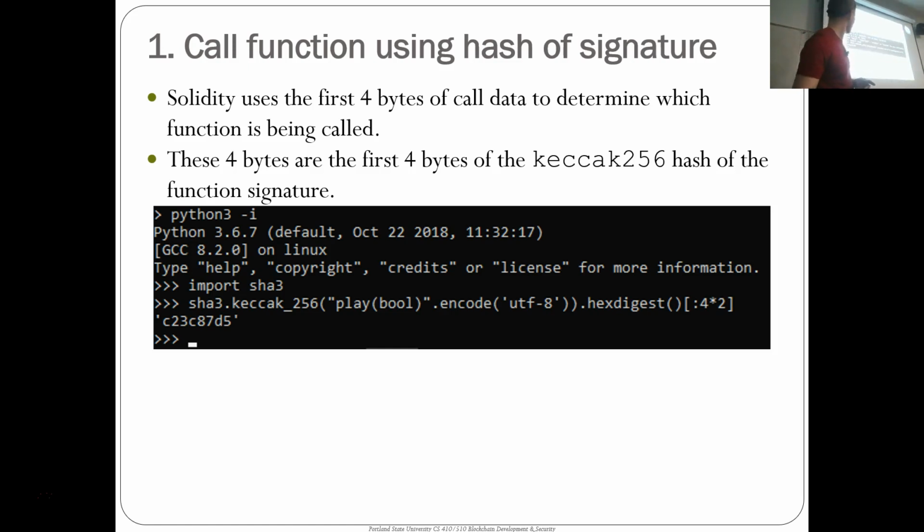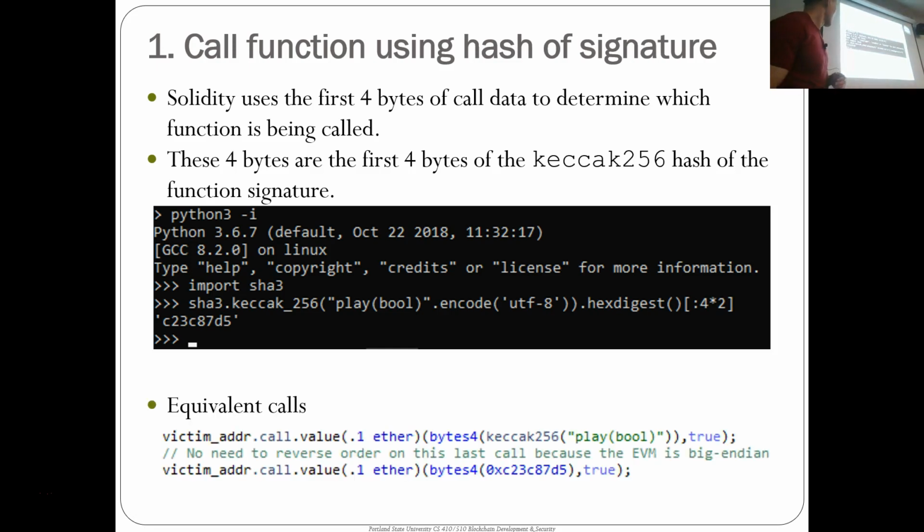So this is an example. If you have this play, which takes a Boolean, then the thing that gets sent in a transaction is the first 4 bytes of the SHA-3 hash of this thing. And that's how you attach this in your transaction, and that's where the smart contract knows which function you're trying to call. So these 2 things are equivalent.